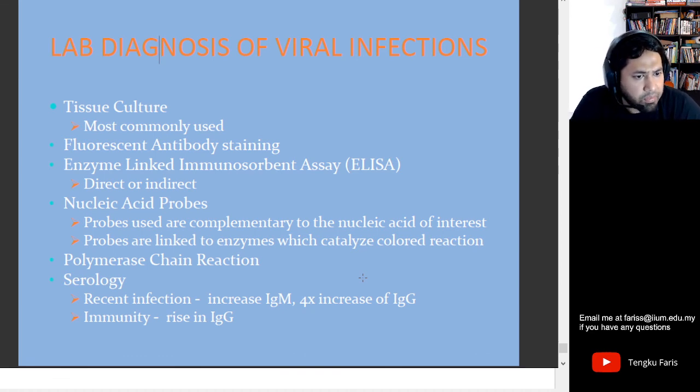We can do the polymerase chain reaction. We can multiply lots of this DNA material before we determine the sequence of interest. We can have the serology test to check the antigen-antibody binding, whether they are increasing in certain types of immunoglobulins.